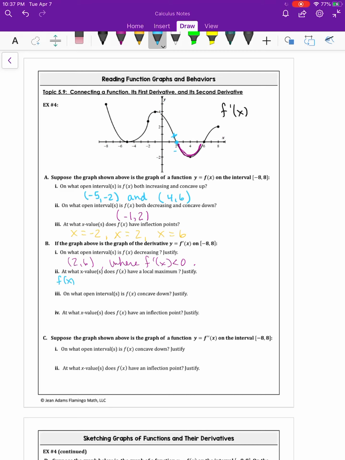So you'd say f of x has a local maximum at x equals 2 because f prime of x changes from positive to negative there.